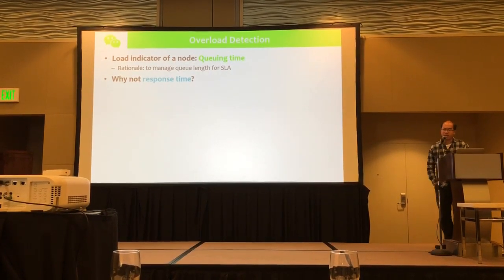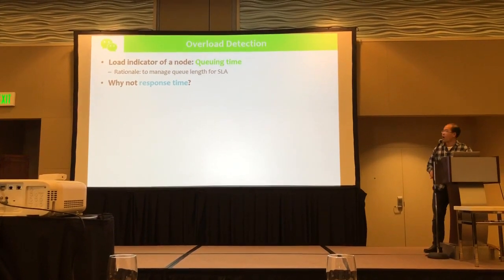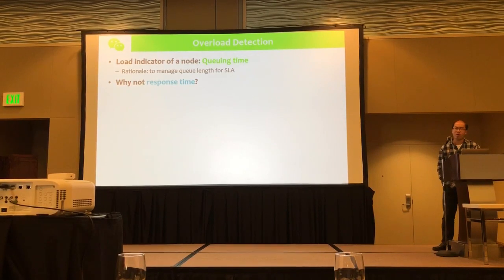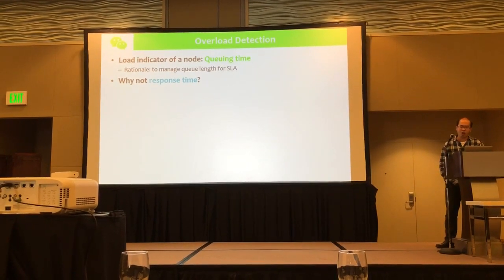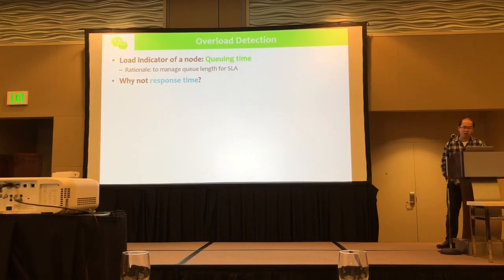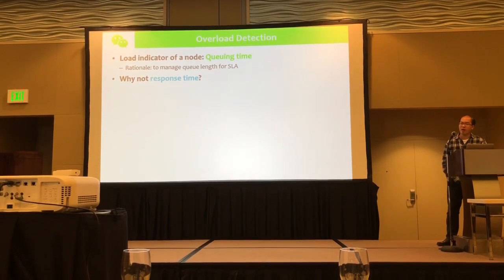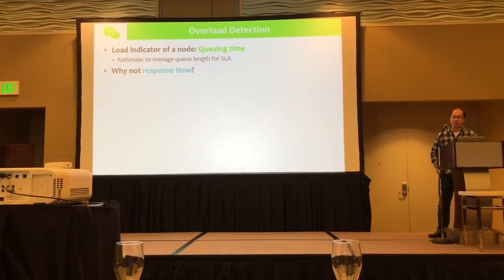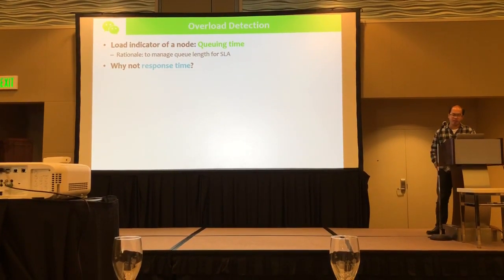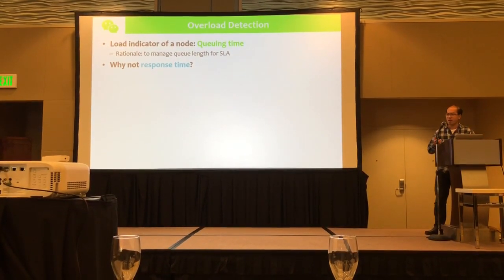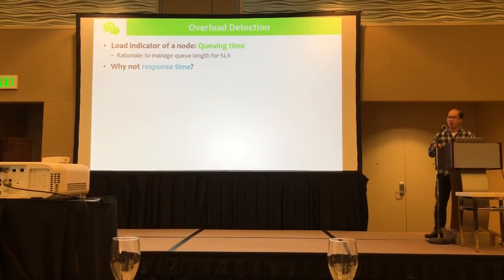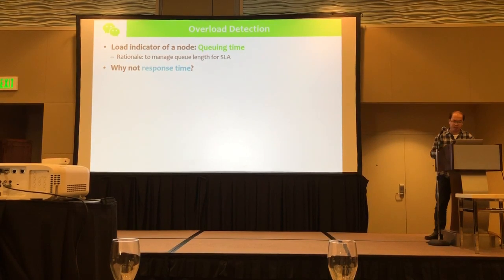So one immediate question is why we don't choose the response time, which is quite common in other overload control systems. The response time is not accurate. We have tried that, and we also ran some experiments to evaluate it. The response time will involve some false positives of overload, so we don't choose that.